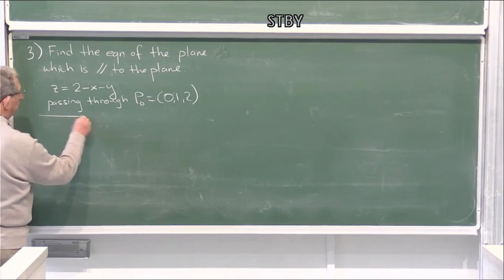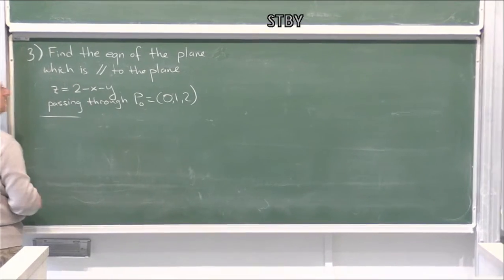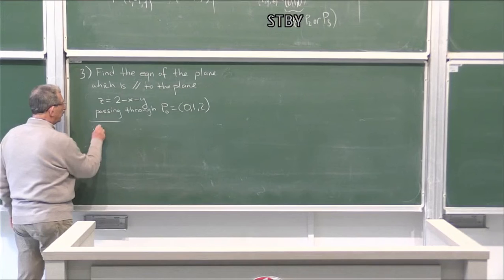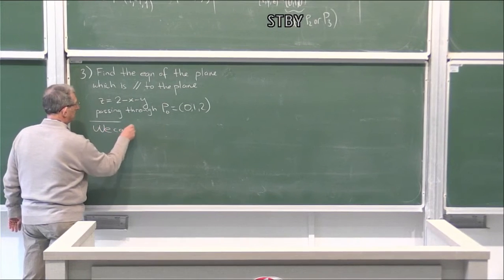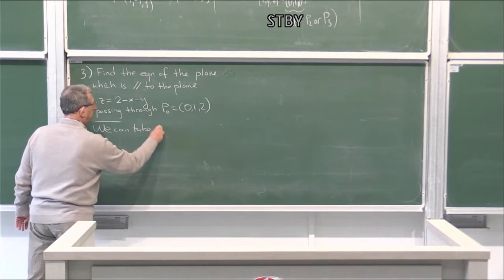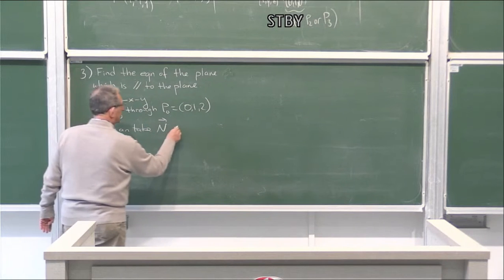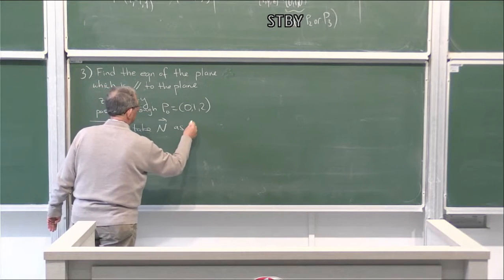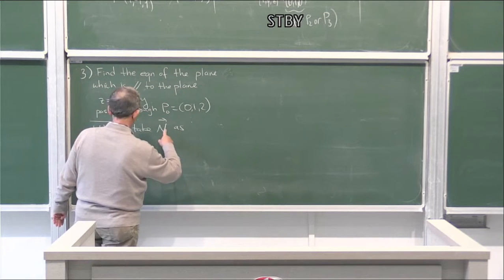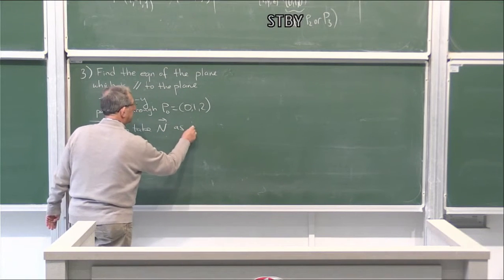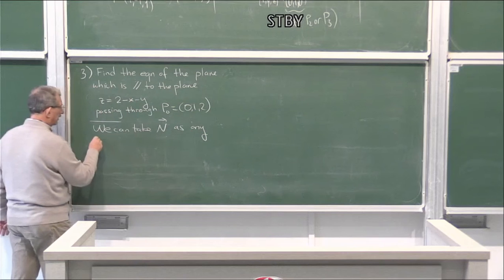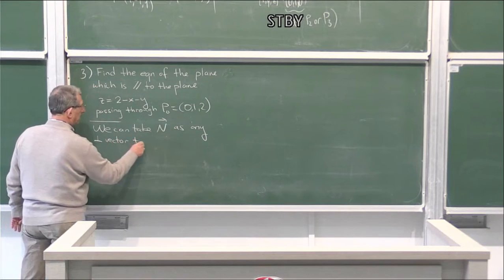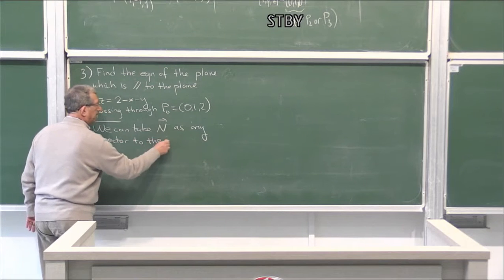So parallel means, of course, the perpendicular vectors are parallel, so we can take n as any perpendicular vector to the given plane.